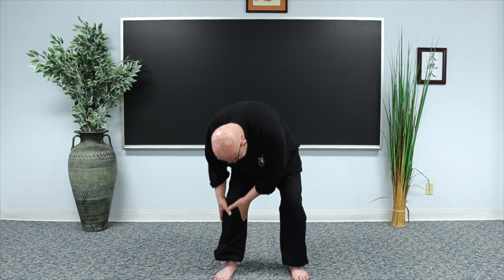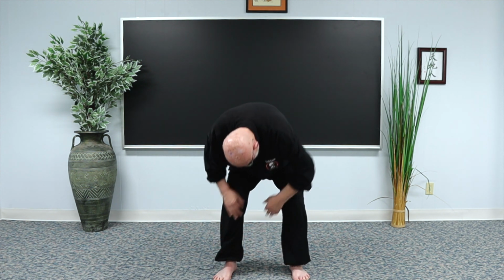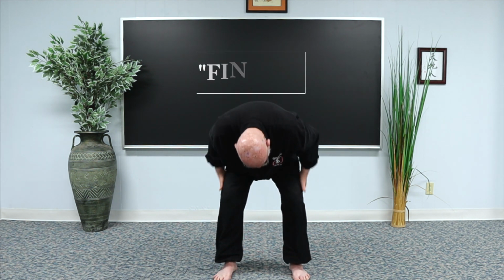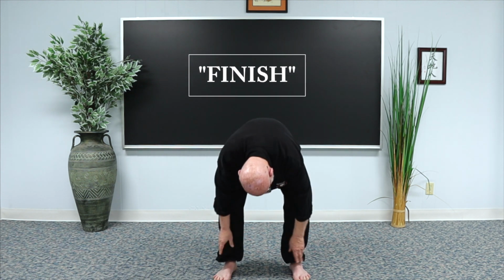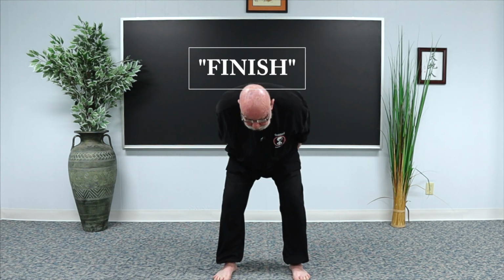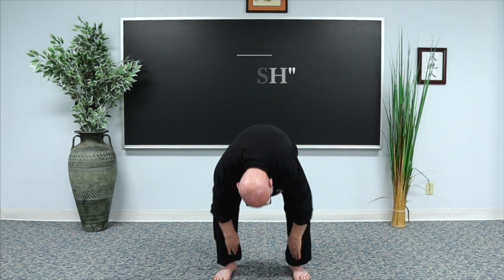So in order to remove it, what you need to do is this. Just massage down your leg. Think about massaging down your leg and focus on removing stagnant qi.